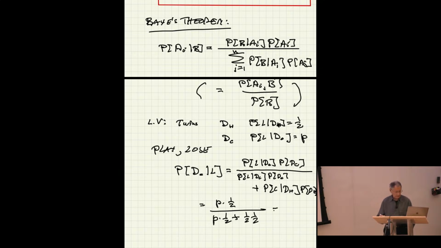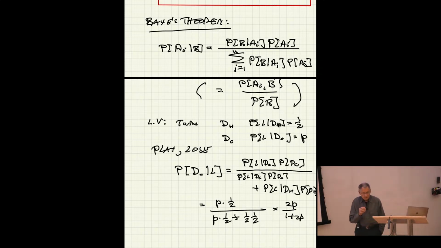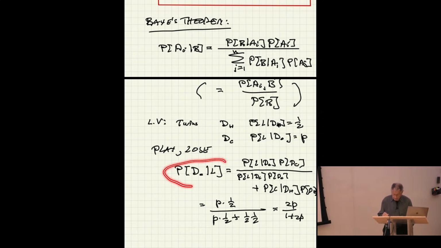This turns out to be trivially 2P over 1 plus 2P. So it was easy to do, wasn't it? You had all the information in the setup, but it wasn't obvious how to find this thing you're looking for. And it became trivial with Bayes' theorem.